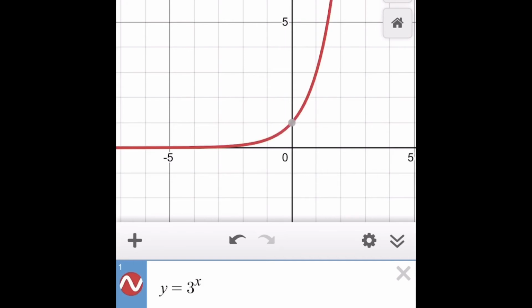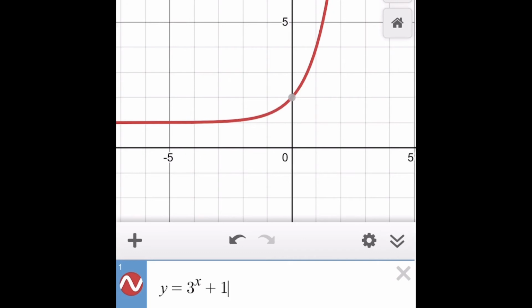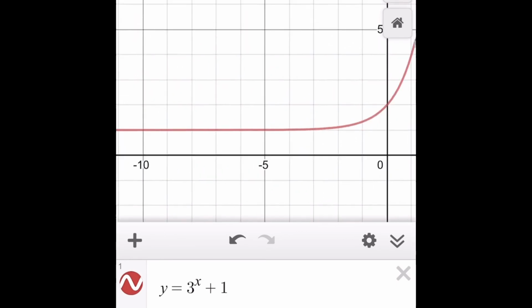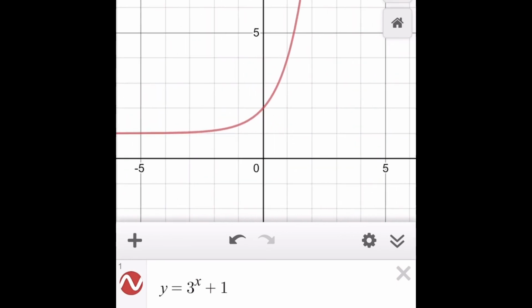Went from crossing my y-axis at 1 to now it crosses my y-axis at 2. It's been shifted up 1, okay? So now you can see it's just approaching 1, okay? So we would have an asymptote of y equals 1, okay?